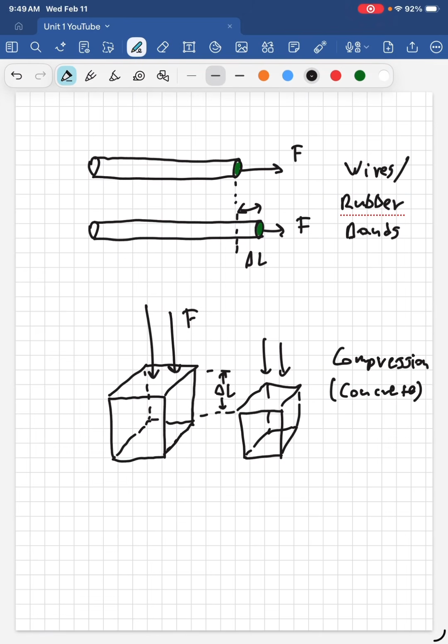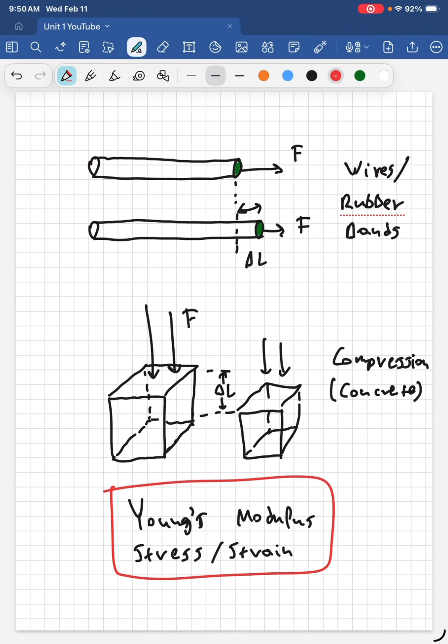So this applies to the two-dimensional materials that I'm showing here. So this is Young's modulus, stress, strain. We will study this once we talk about springs.